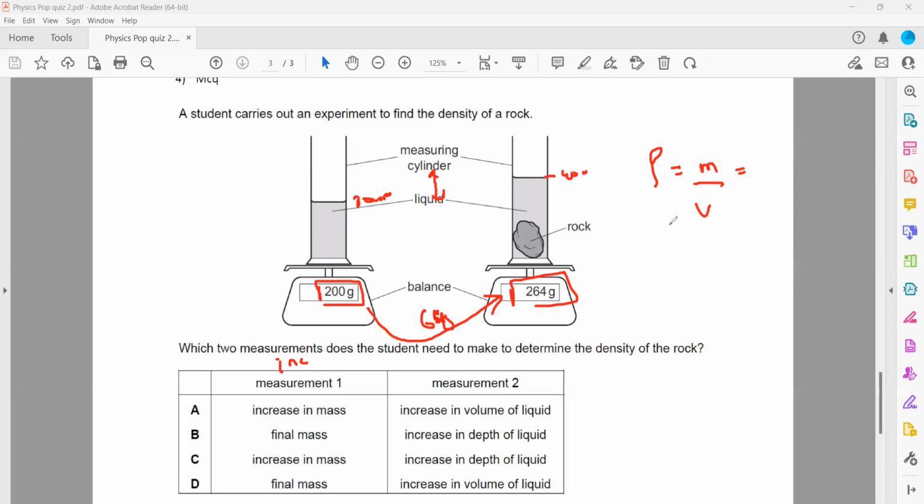So we will use increase in mass and increase in volume to know the density of this rock. So A should be the right answer. Mass increase divided by volume increase will give the density of this rock. Is it clear?